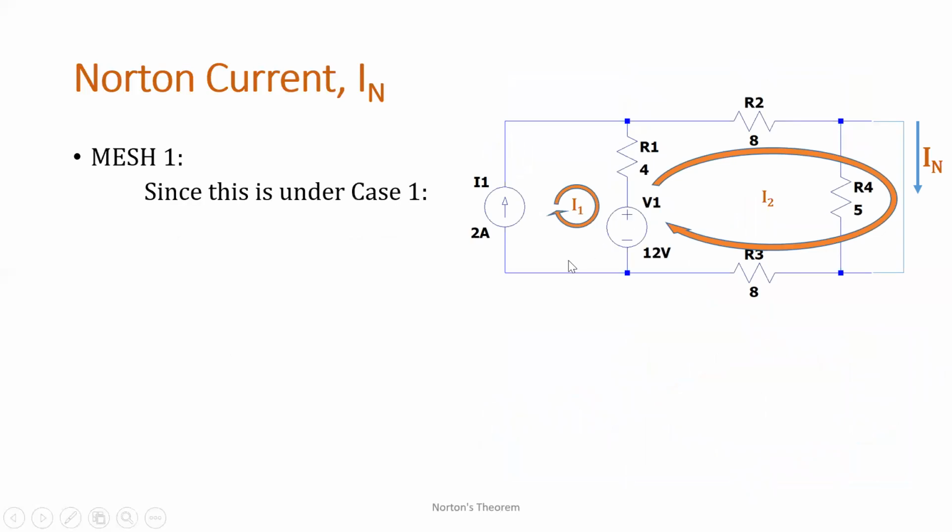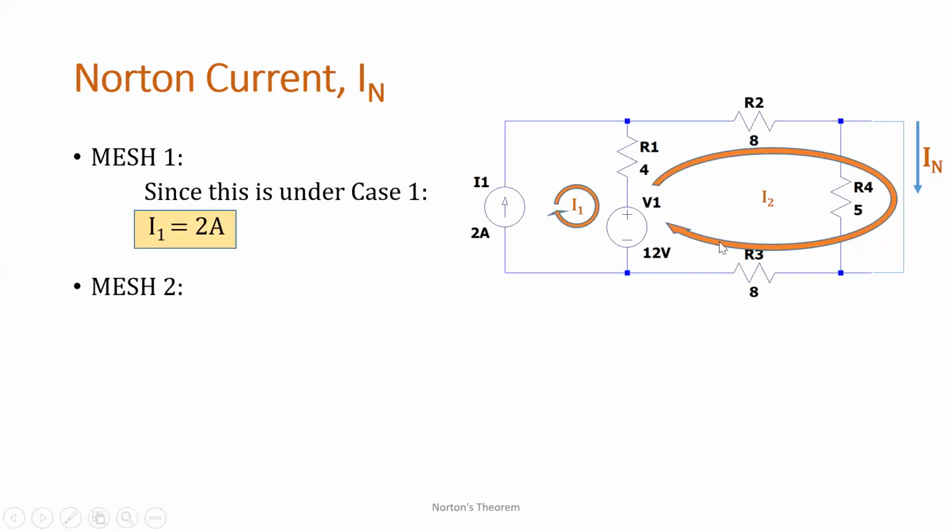At mesh 1, we have an independent 2 ampere current source, so I1 is equal to 2 amperes automatically. Same direction, so it's positive.